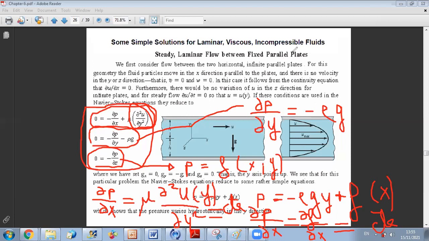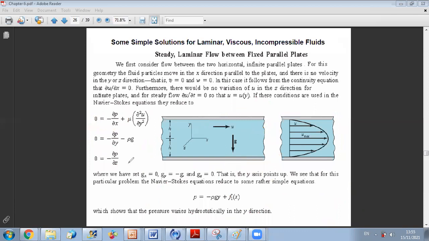So now, once I am sure that my del p by del x is a constant, this will simplify things a lot. Because now I can integrate this relation to get the velocity profile u, as a function of the pressure gradient with respect to x. Since del p by del x is a constant, to calculate it, I just have to know the pressure at 2 points of my flow.